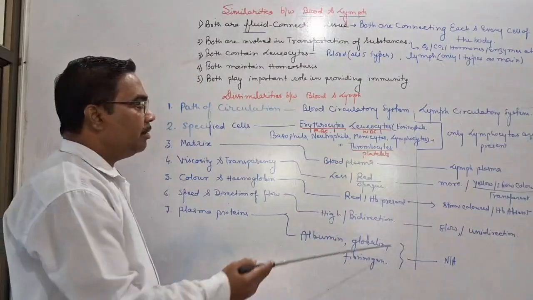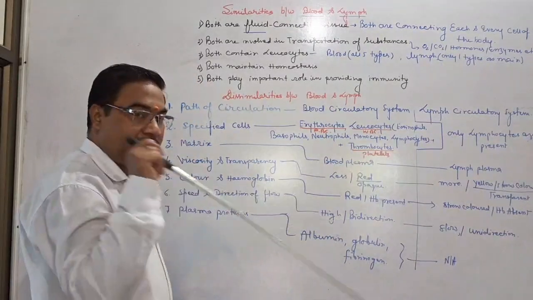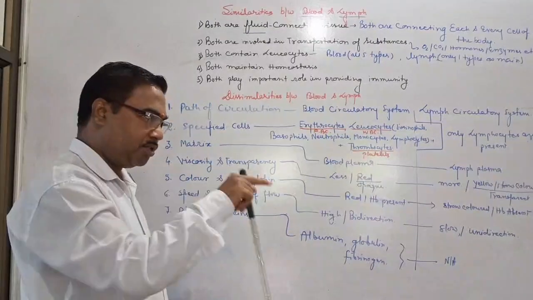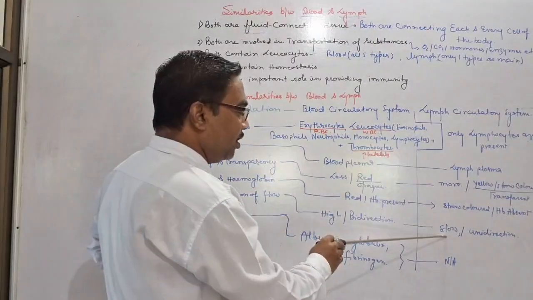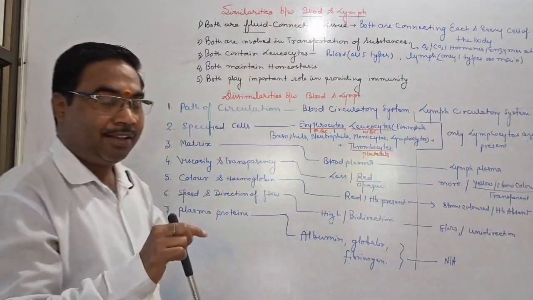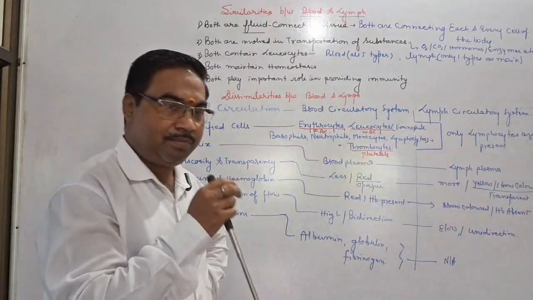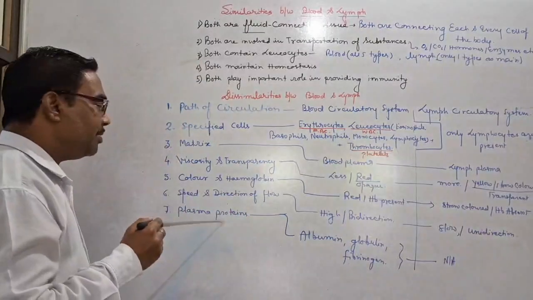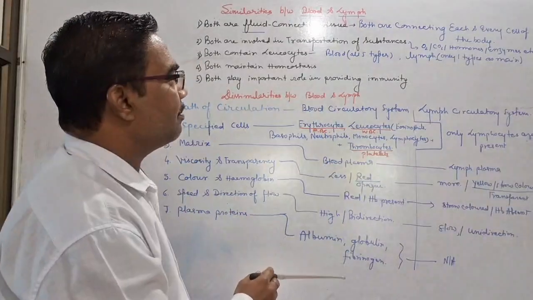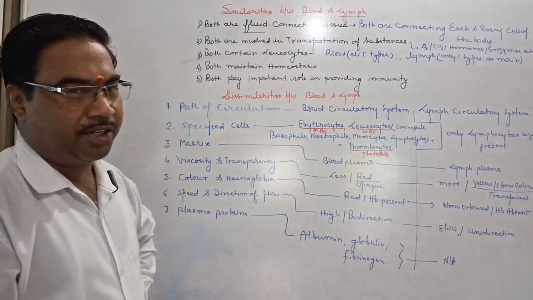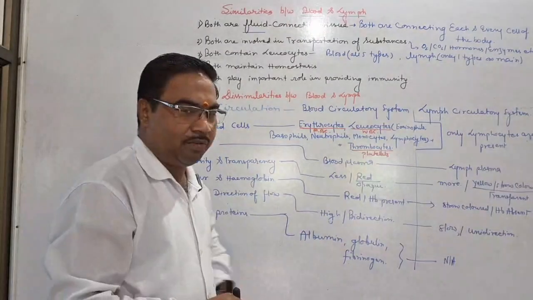Now direction, blood flows in 2 directions, sending the blood towards the body parts and receiving the blood. And the lymph is unidirectional, that means only one way. The heart is receiving the lymph. Plasma protein, 3 types of plasma protein are present in blood and no such plasma protein is present in lymph. So that's over. Thank you.